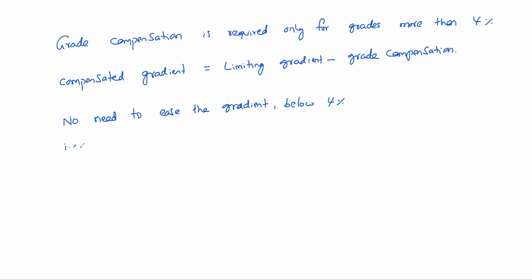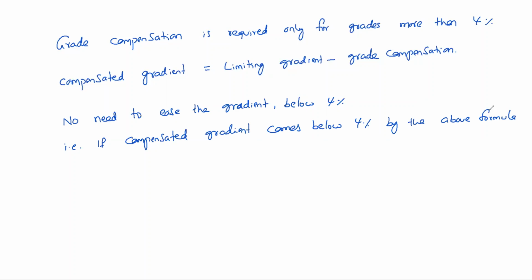That is, if the compensated gradient comes below 4% by the above formula, provide the compensated gradient as 4% only.